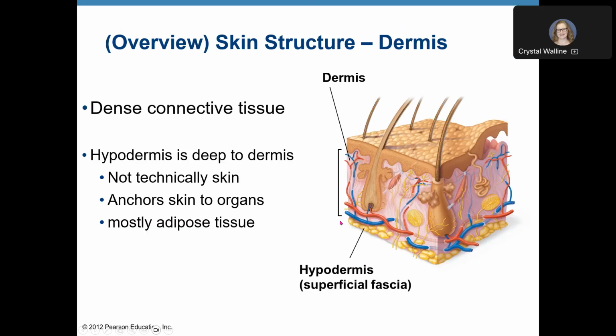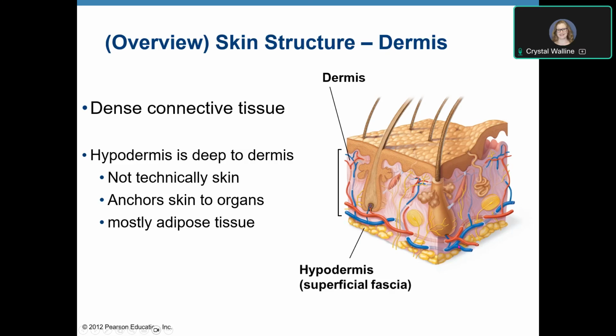Deep to the dermis, we have the hypodermis. The hypodermis is not technically part of the skin. It's just a layer that is deep to the skin. It's there to anchor the skin to other tissues or organs. And it's composed of a lot of adipose tissue, which is a type of loose, proper connective tissue.